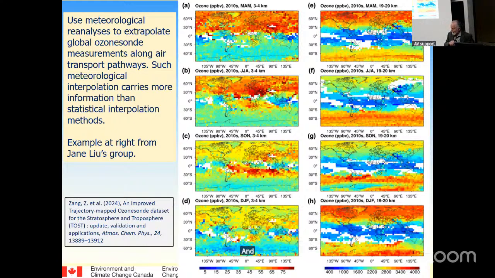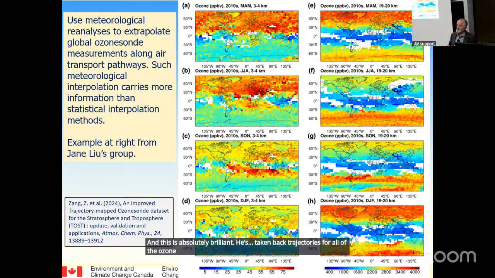And this is actually very recent work by a PhD student here in Jane Liu's group that I'm helping supervise. And this is absolutely brilliant. He's taken back trajectories for all of the ozone measurements in the World Ozone Data Center.